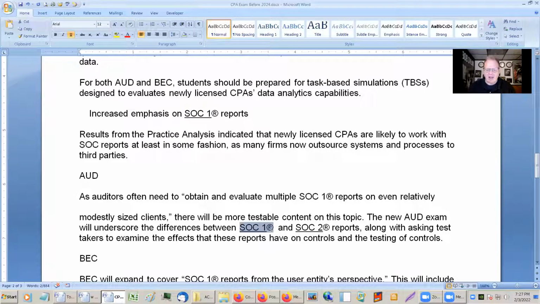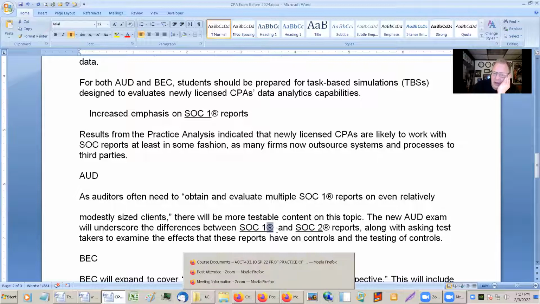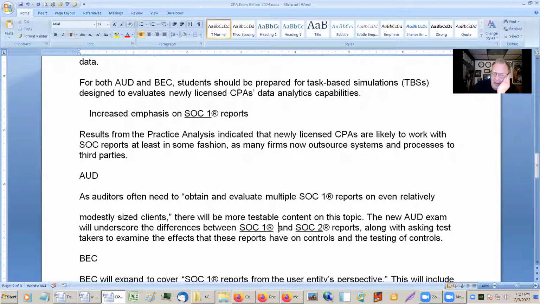Now, here's the kind of wacky thing about how they're emphasizing these SOC reports. You'll notice there's a little R behind them. Those are registered. These are actual reports where the AICPA has the copyrights on the reports and the wording. So this is sort of the AICPA requiring you to know about their copyrighted reports that they're putting out there.